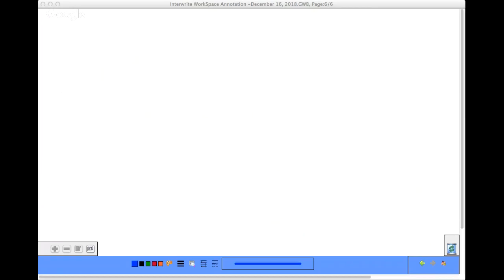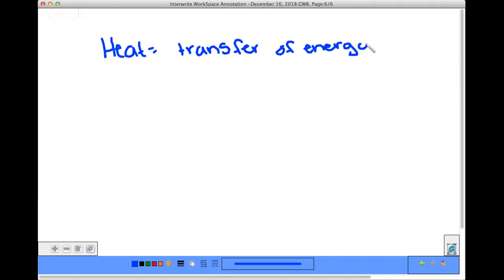Can you explain the difference between heat and temperature? When we talk about heat and temperature, one of the important things to realize is that heat is a transfer of energy, in particular a transfer of energy from a warm object to a cold object.